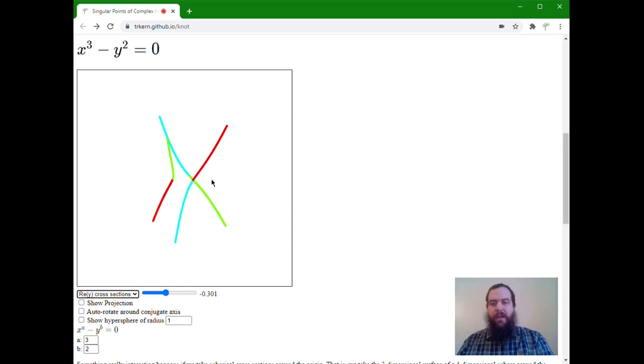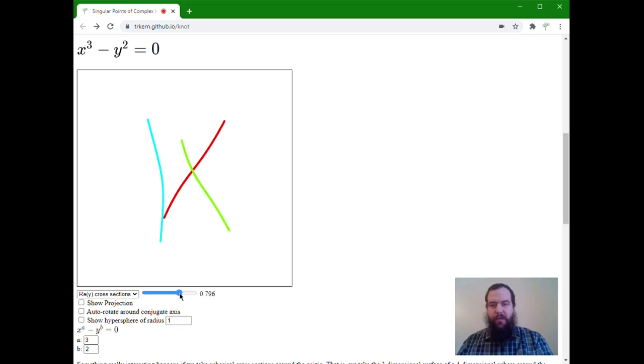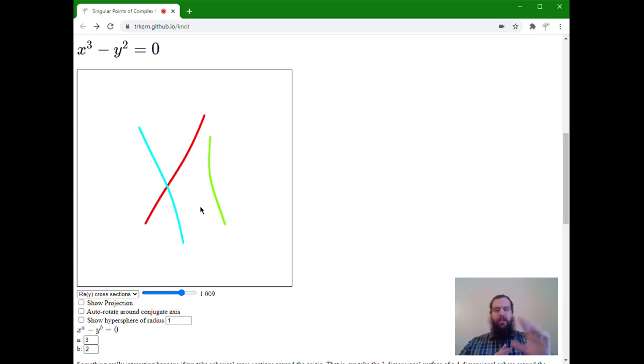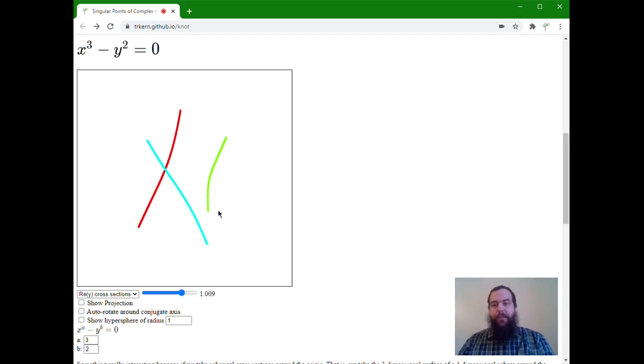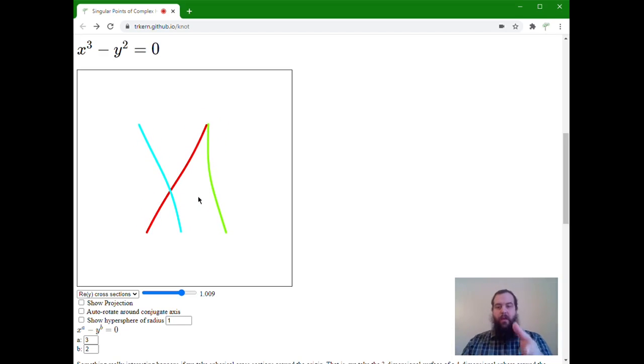On the other hand, if we take, whoops, let's move this over here. On the other hand, if we take cross sections in terms of the y direction, we're going to get something very different, right? x and y are very different in this equation up here. So here we fix the real part of y to be, well, about 1.